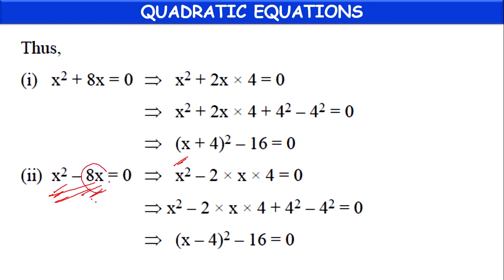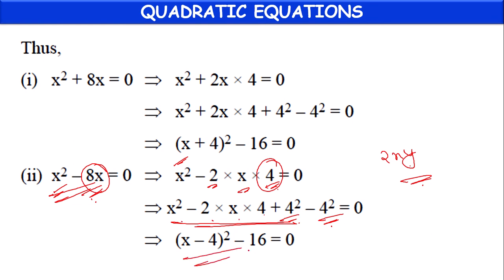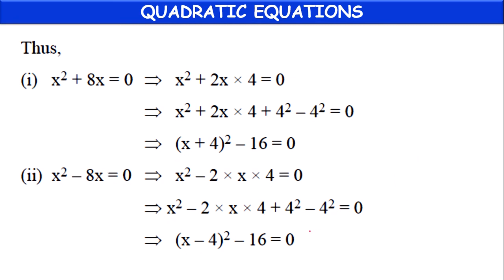This 8x can be written as 2 into x into 4, in the model of 2xy. In the place of y we have 4, so we add 4 square and subtract 4 square. The first three terms, x square minus 2 into x into 4 plus 4 square, can be written as x minus 4 whole square, minus 16 equal to 0. Thus, quadratic equations can be written in the model of x plus a whole square minus b square.